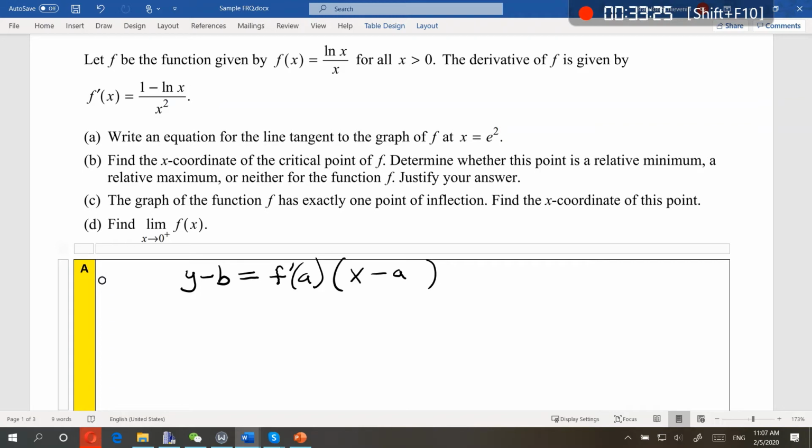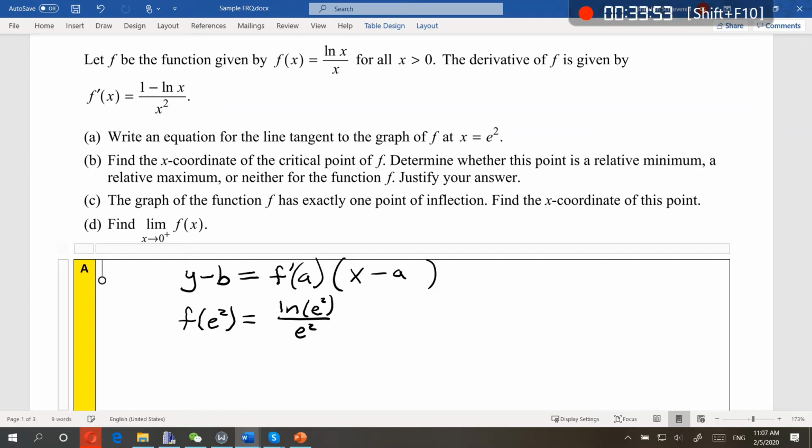So Oliver, what's my y value for that point? ln of e squared over e squared.